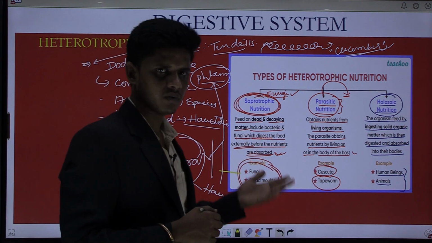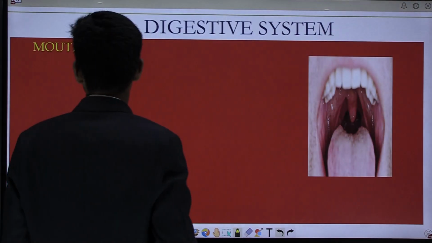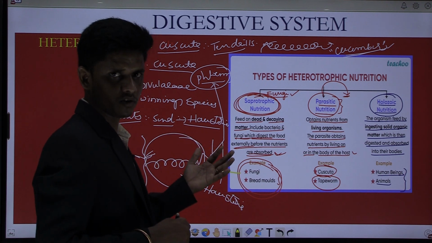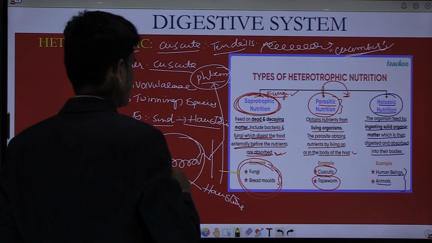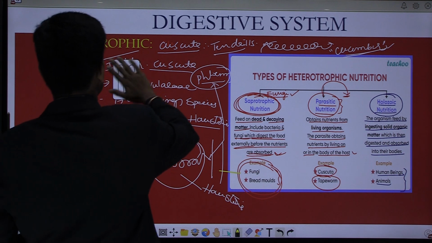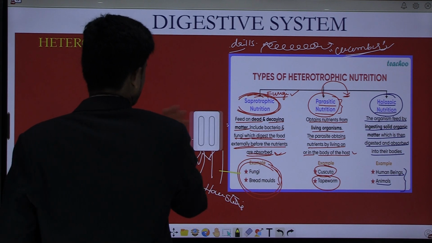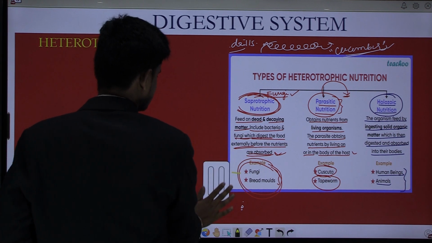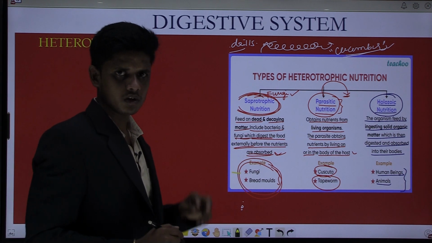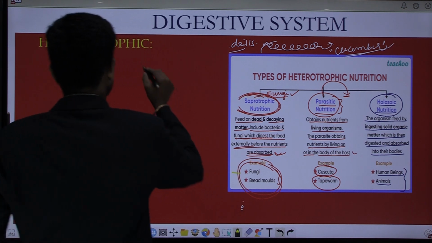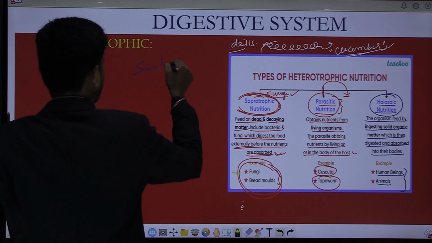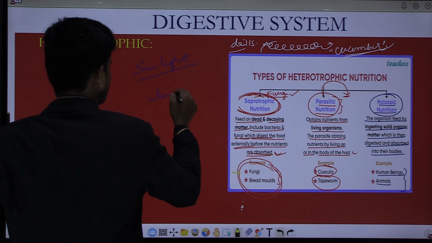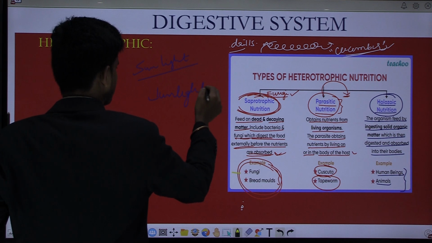And what is the next one? Heterotrophic nutrition, which you already know, and mixotrophic nutrition is also there. What is mixotrophic nutrition? These are organisms which depend on sunlight at some times, and at other times don't depend on sunlight, so they perform two things: in the presence of sunlight and in the absence of sunlight.